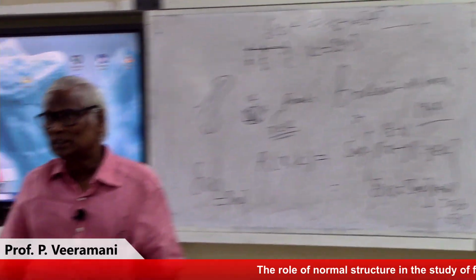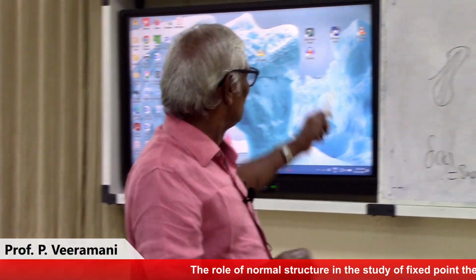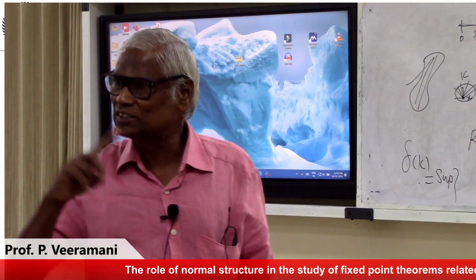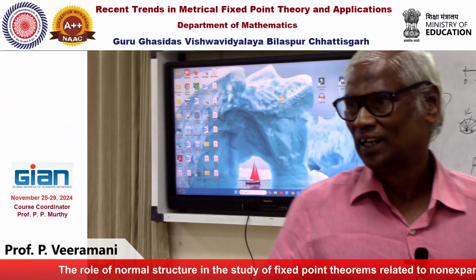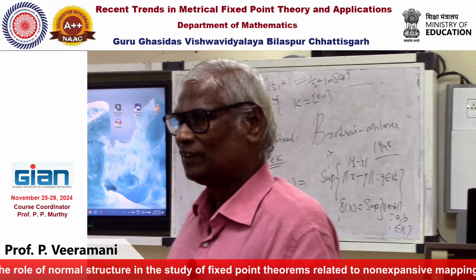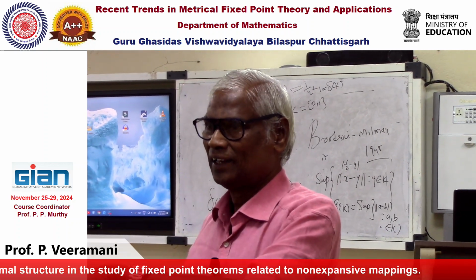That means, suppose we take the point x equal to 0, what is delta of 0 comma K?